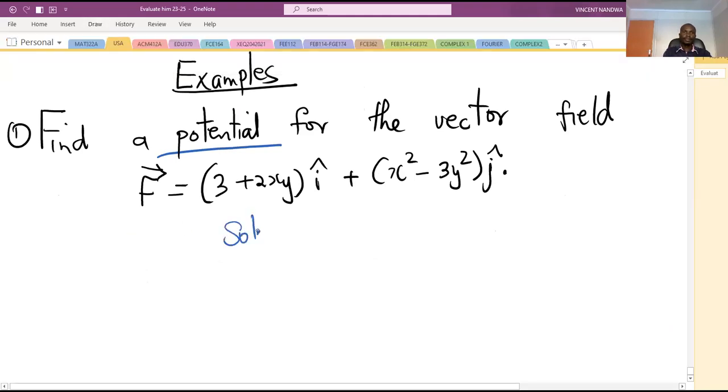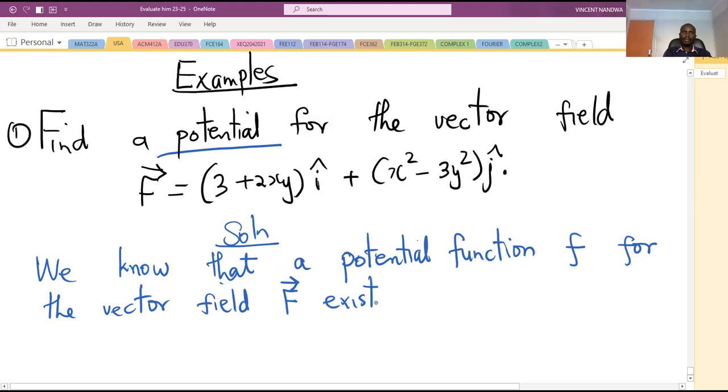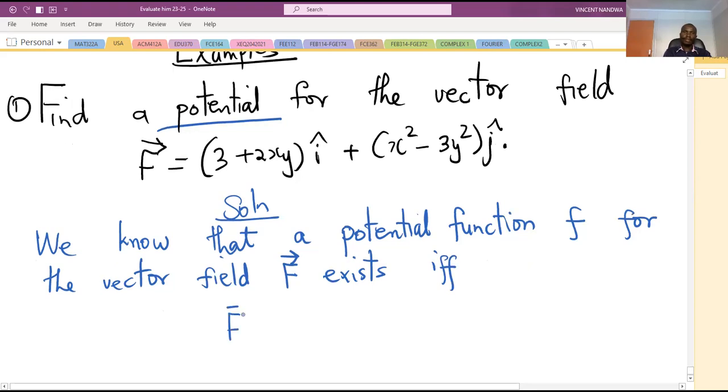So solution, we know that a potential function f for the vector field F exists if and only if this vector field is the same as the gradient of this potential function. So this is by definition.